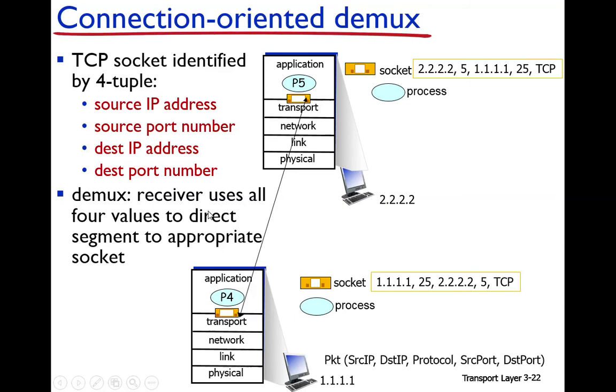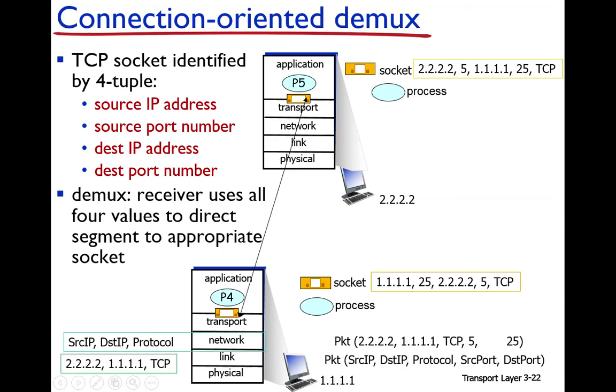So as you know, the source IP address is 2.2.2.2, the source port number is 25, the destination IP address is 1.1.1.1, and the port is 5. So TCP at the transport layer uses these four tuples, these four values, to identify the application socket to which the packet should be delivered.